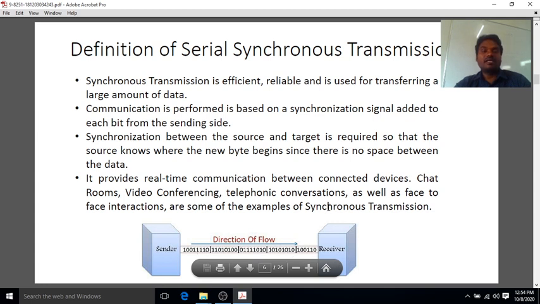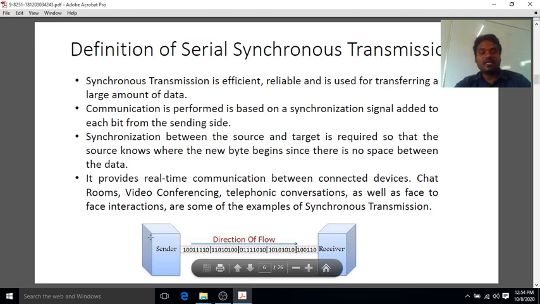If the sender and the receiver use the same clock signal for the data transfer, then that is named serial synchronous transmission.